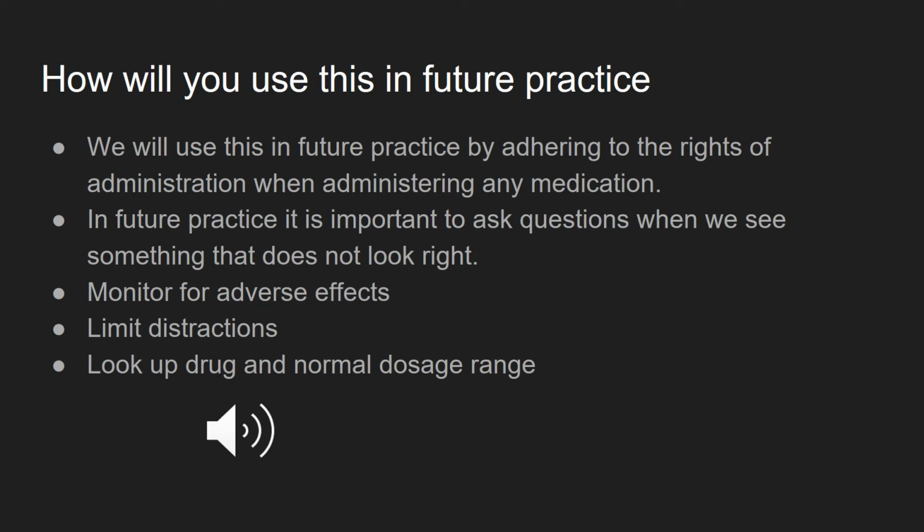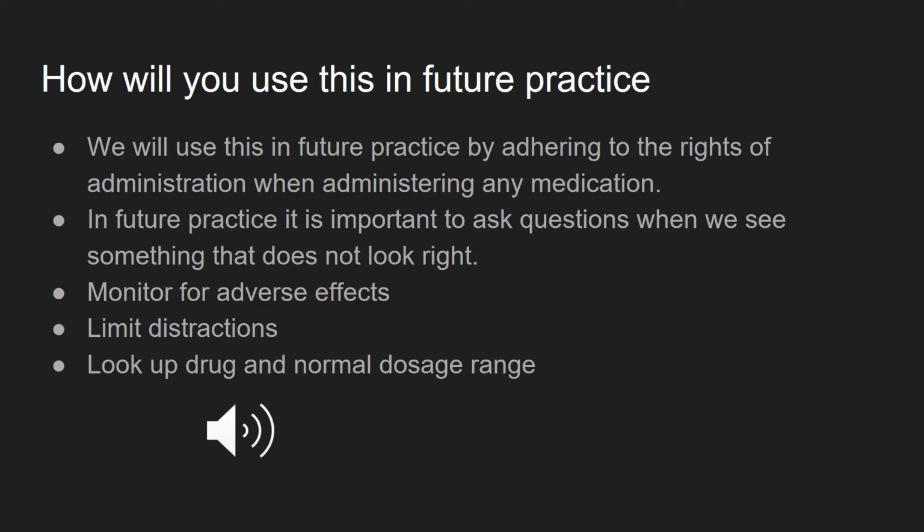Asking questions has been heavily taught to us throughout the semester, and it is also ultimately the nurse's fault if an error happens and she administers the medication and something happens to the patient. That falls on the nurse due to the nurse actually administering the medication.